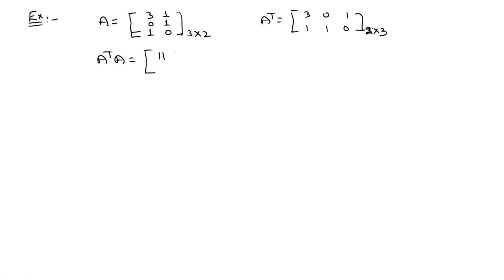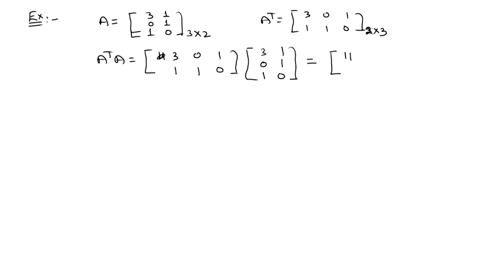So, now A transpose A will become 3 1 0 1 1 0 into 3 1 0 1 1 0. Here I will have like 3 into 0.